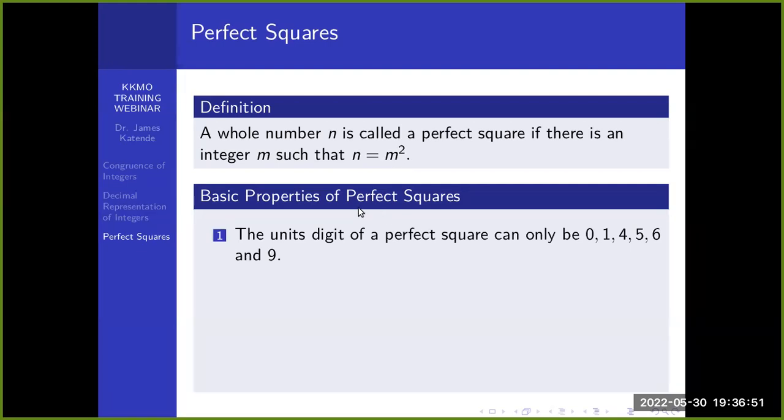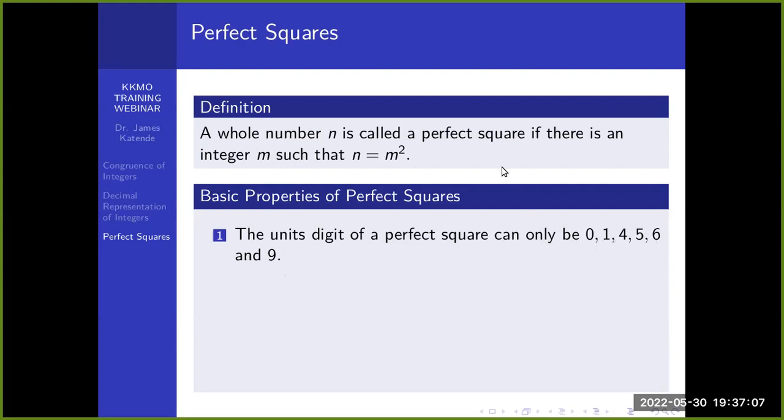So we will list down some basic properties of a perfect square, but we shall not derive them. We'll just use them later to solve some problems. The unit digit of a perfect square can only be 0, 1, 4, 5, 6, and 9.